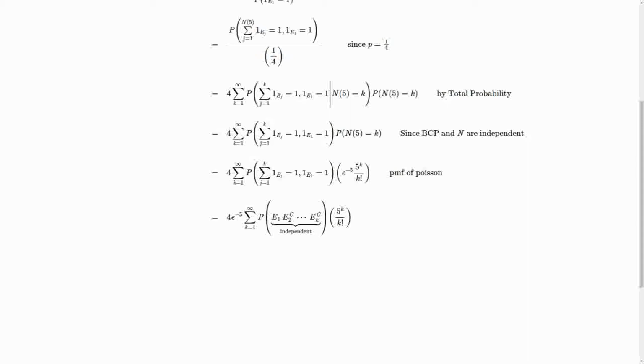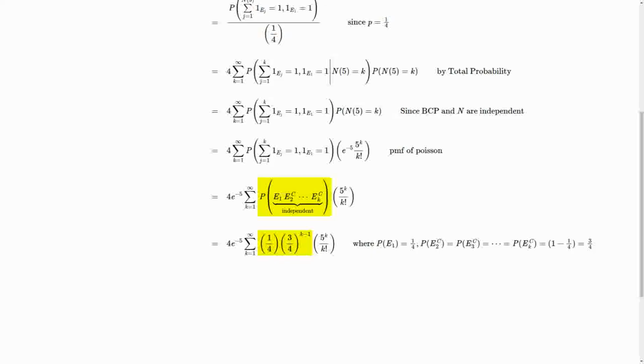Moreover, that success comes at the first trial. And so we have p times (1 minus p) to the k minus 1. And we substitute p in and we get 1/4 times (3/4) to the k minus 1. Then we just simplify terms.